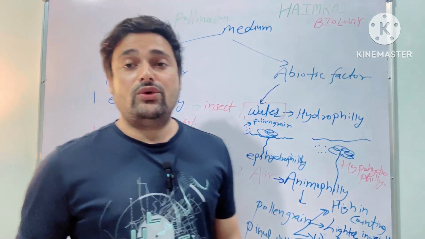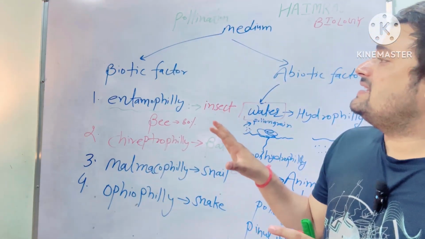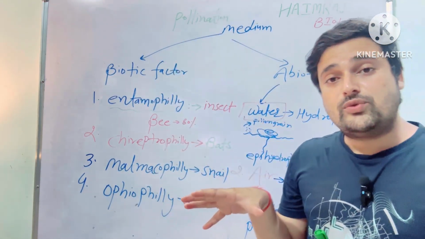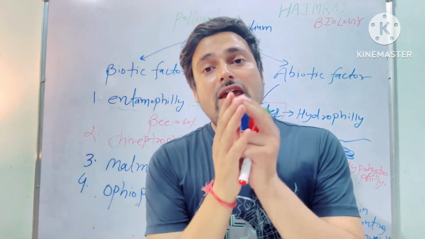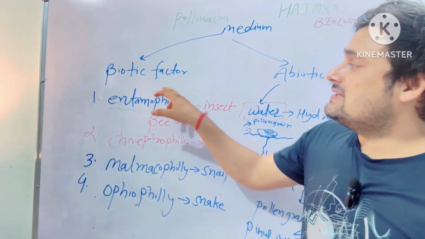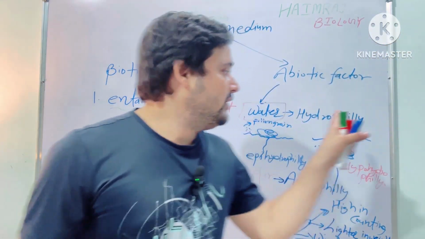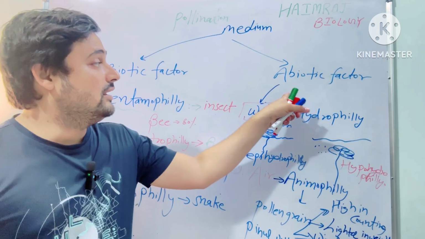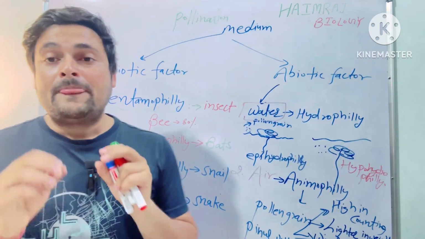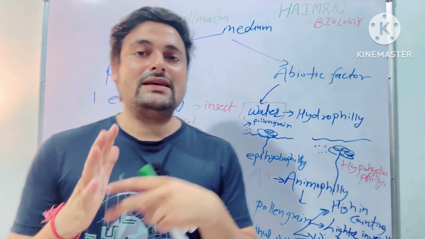So in this video I have told you that pollination medium can be divided into two portions, biotic and abiotic factor. If any living organism is helping in this procedure, then we call it biotic factor. If any non-living portion is helping in this process, then we call it abiotic factor. In abiotic factor, we have two things.